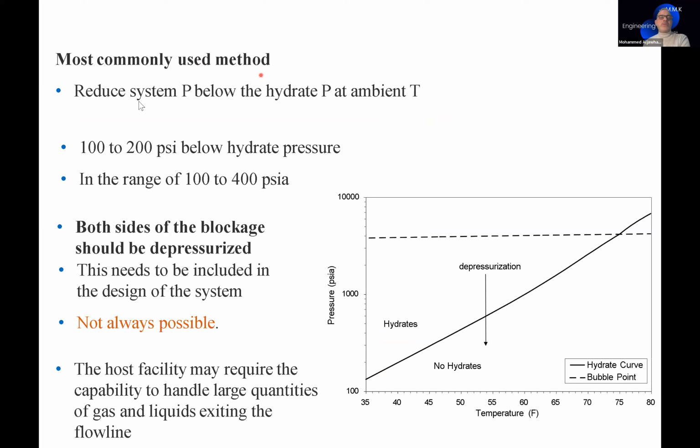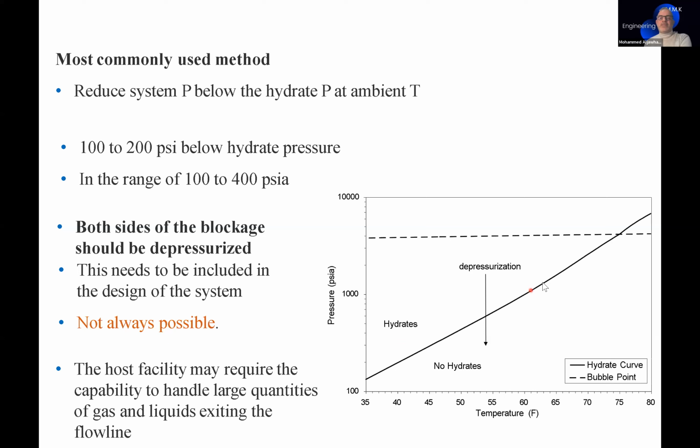So the most commonly used method is reduction in system pressure below the hydrate pressure at ambient temperature. So this curve can tell us when we have to reduce the pressure and why, and where we are inside this curve.